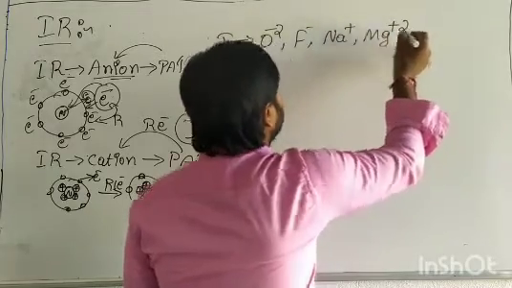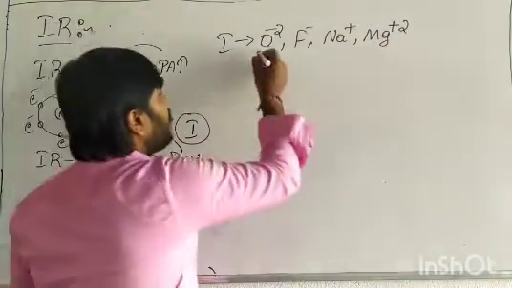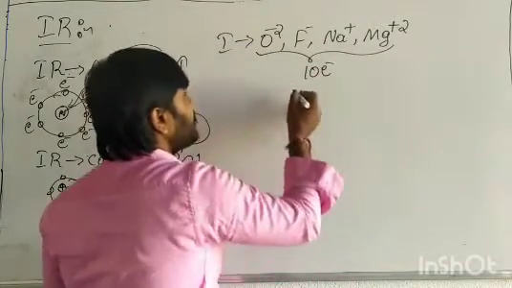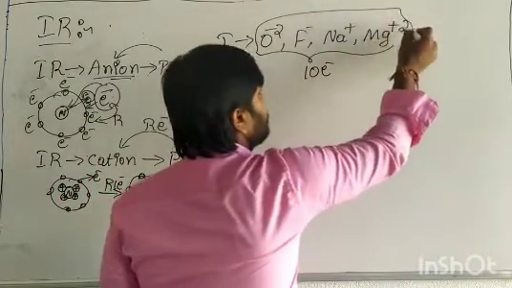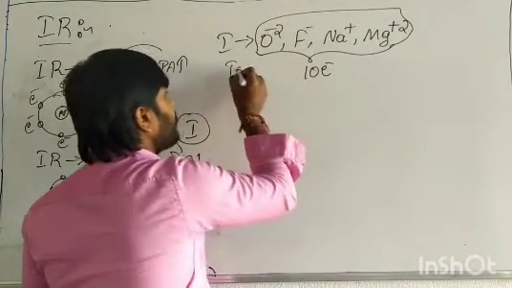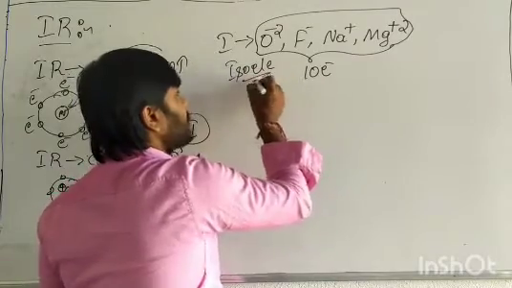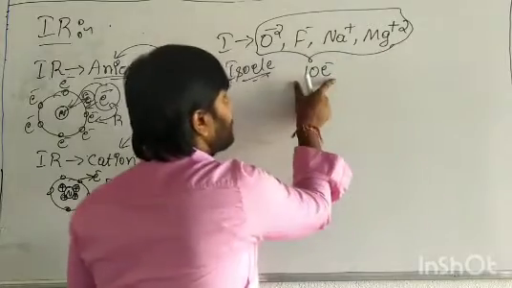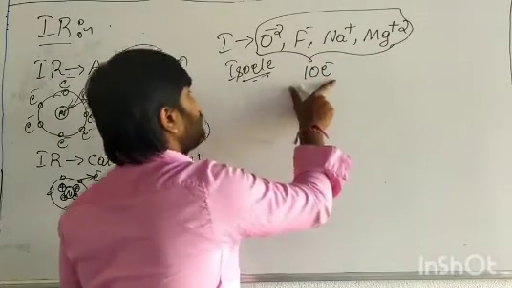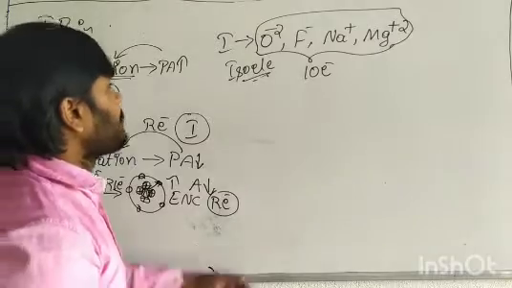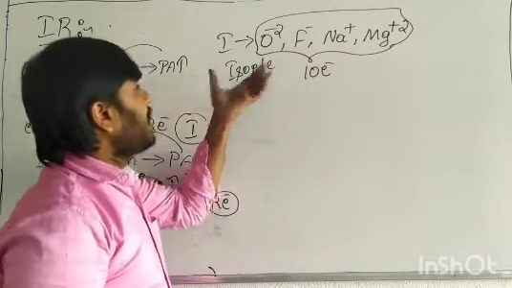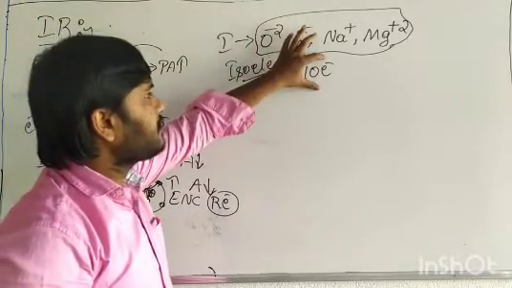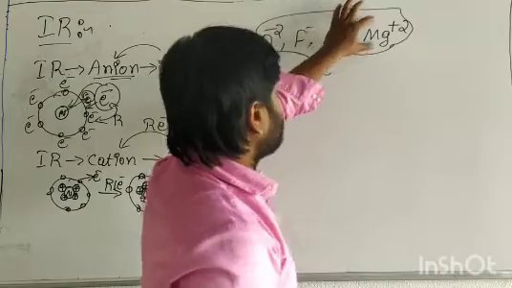In all these ions there is a presence of 10 electrons, and these ions are considered isoelectronic, because these ions consist of 10 electrons. O minus 2 has 10 electrons, F minus has 10 electrons, Na plus 10, Mg plus 2, 10 electrons.